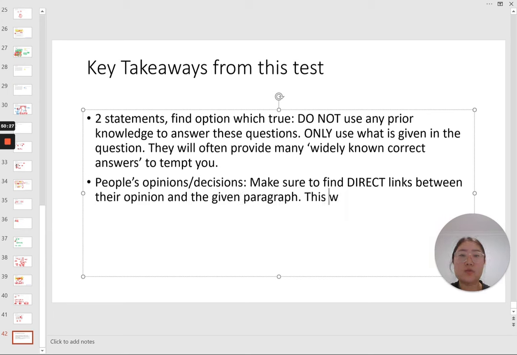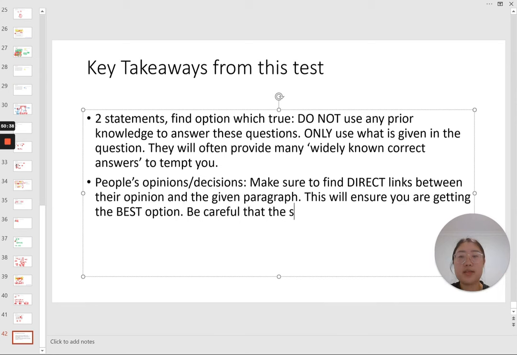This will ensure you are getting the best option. Be careful though that the statement is weakening or strengthening. Sometimes they say find the one that weakens it, and then they give you an option with strengthening. You don't select that one. Make sure you find one that is actually weakening or strengthening, or vice versa.